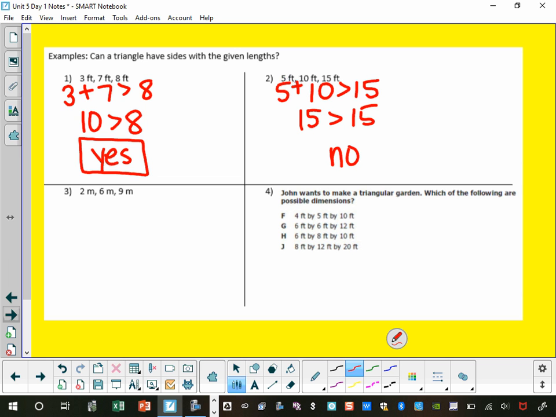So we're going to write the word no. That does not work. On number 3, I'm going to add 2 plus 6 and see if it's greater than 9. What's 2 plus 6? 8. Is 8 greater than 9? No.